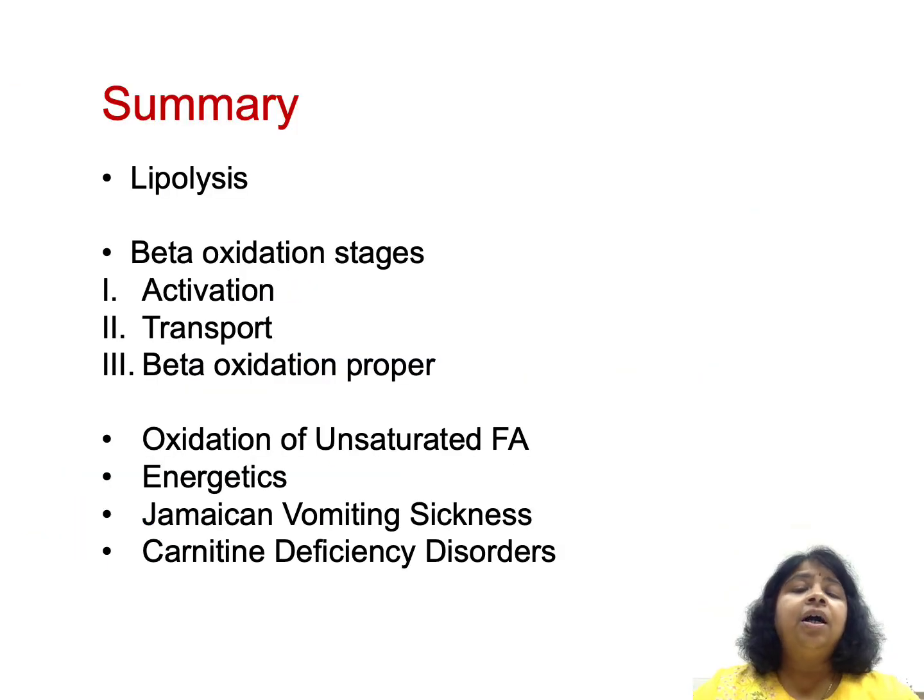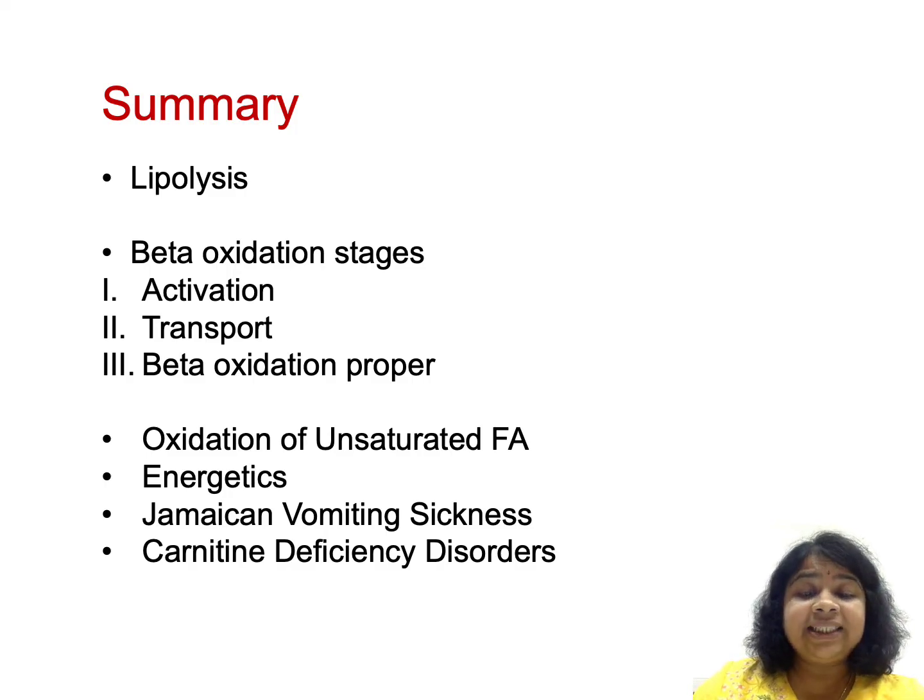Okay, so with this we come to an end of part 1 of beta oxidation. In today's session we have looked at how fatty acids are released, that is lipolysis, and how fatty acids are made available for beta oxidation.